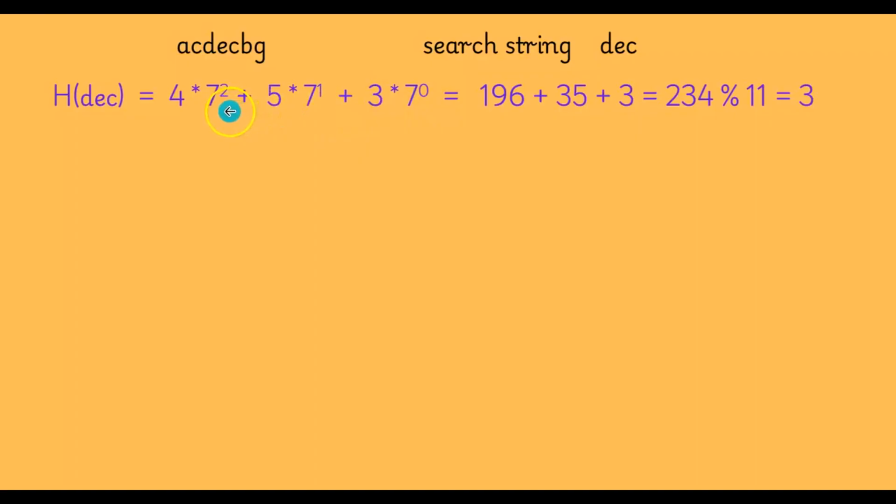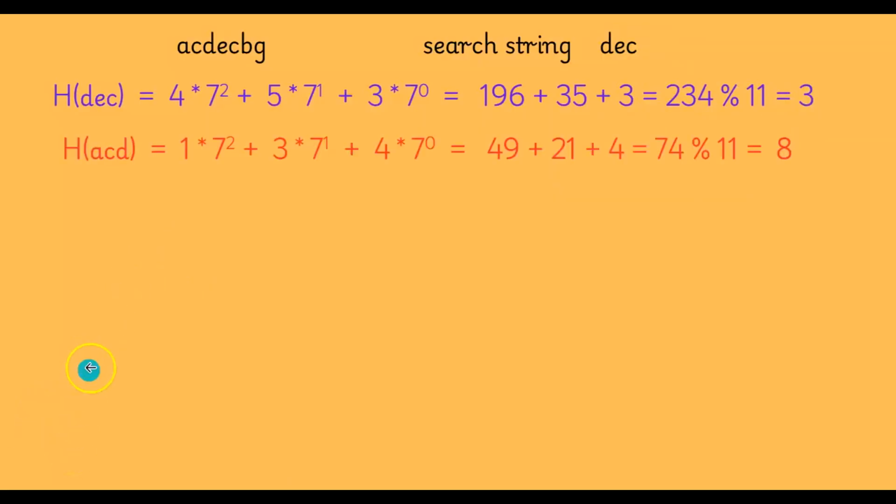You apply the formula 4 into 7 square plus 5 into 7 to the power of 1 plus 3 into 7 to the power of 0. So what you get? 234. As we already discussed in the previous slide, you take the modulus by some prime number so that we reduce the size of the number. So the result is 3. So the hash value of the search string is 3.